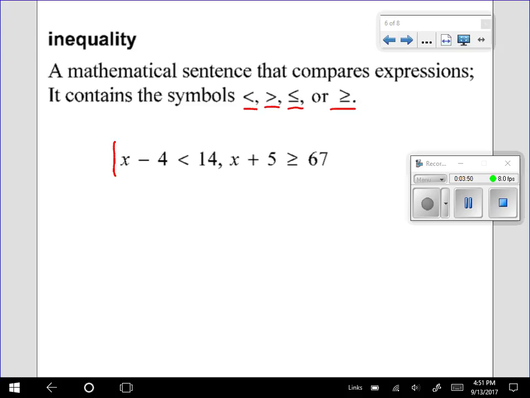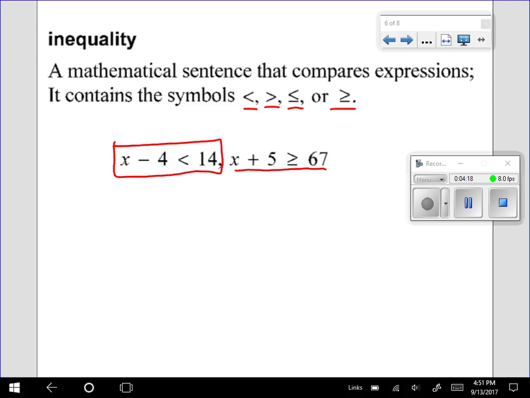So here's an example of an inequality. x - 4 < 14. We will get to a point where we solve that for what x is less than exactly. You probably remember that looks a lot like solving an equation, where we add 4 to both sides of the inequality, and we would have x < 18. Another example here, x + 5 ≥ 67.